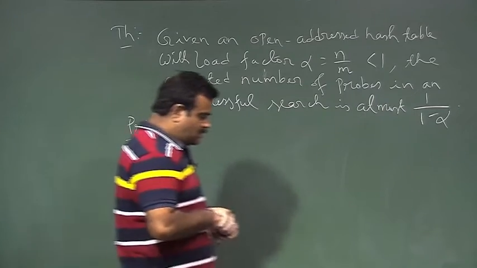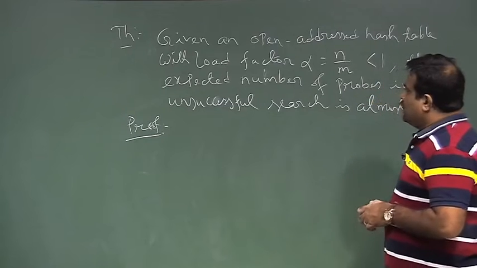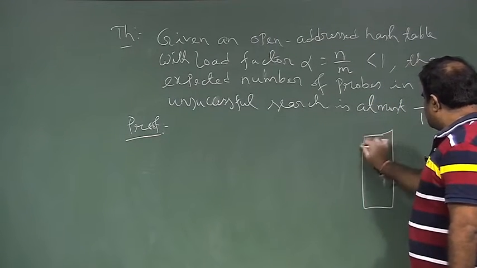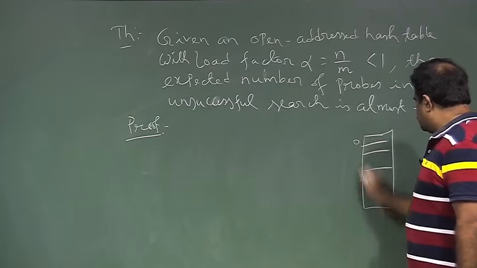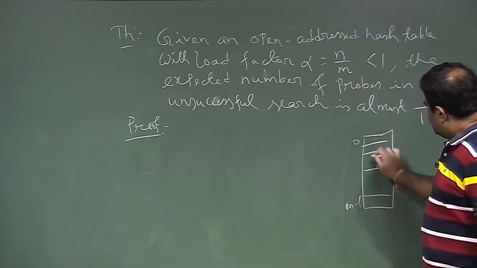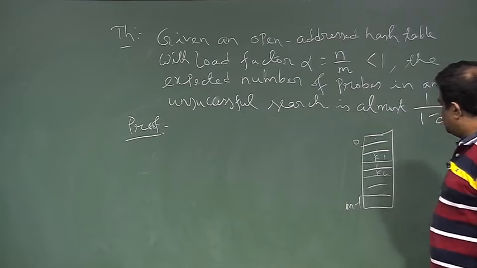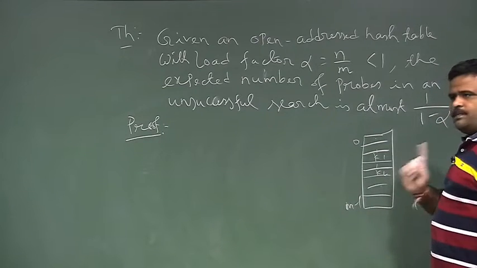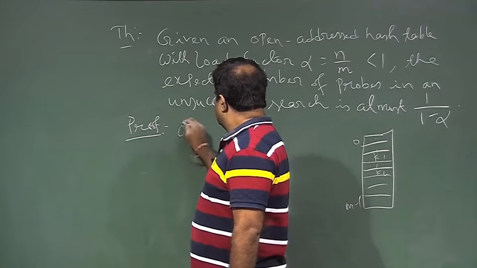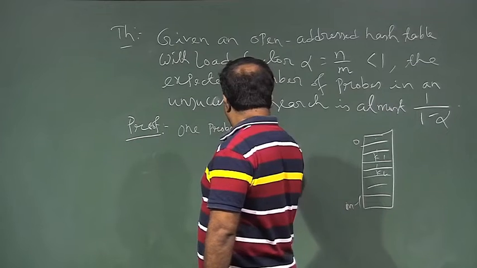To prove this, we will use some probability. There are m slots, 0 to m minus 1, and in these m slots n keys are sitting. Now, one probe is mandatory.